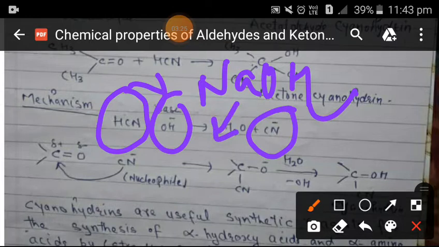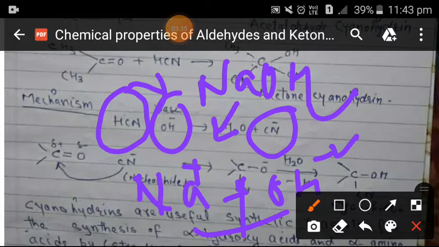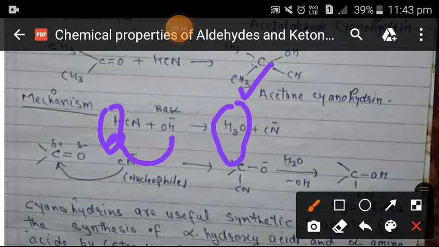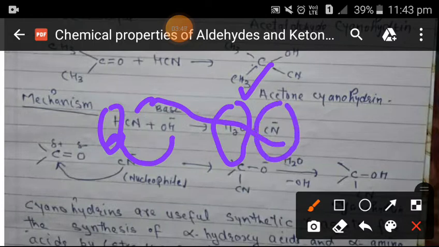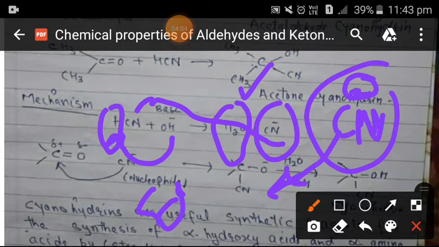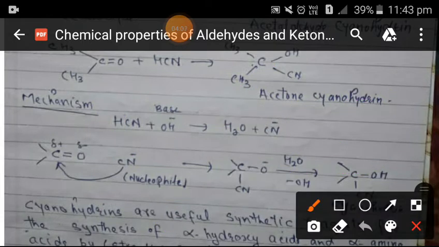Sodium hydroxide ionizes to give Na positive and OH negative, and this hydroxyl ion combines with the hydrogen from the hydrogen cyanide and forms water, and cyanide having a negative charge is formed. It is an electron rich species, and any chemical species having electron rich centers will act as a nucleophile. Clear?